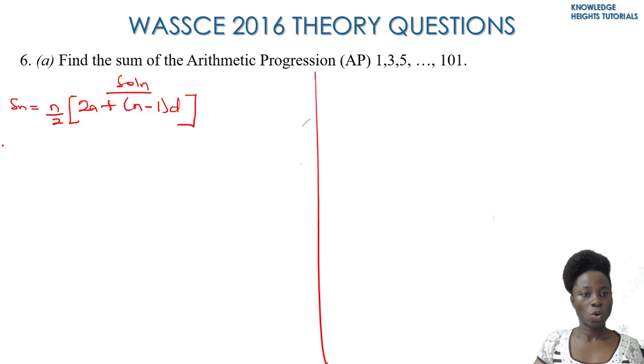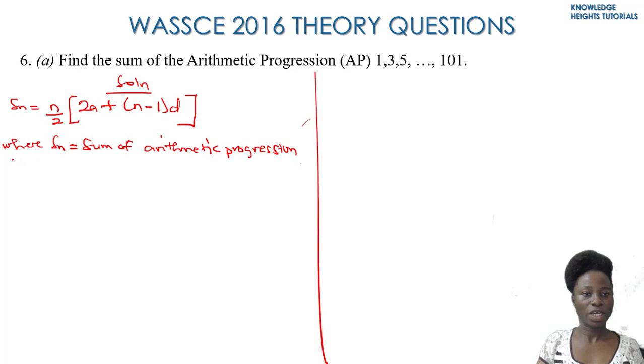So let's define our terms. Sn is the sum of the arithmetic progression. We have n being equal to the number of terms.